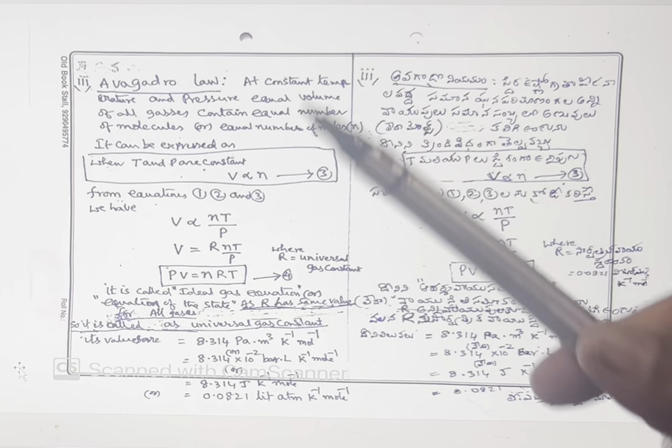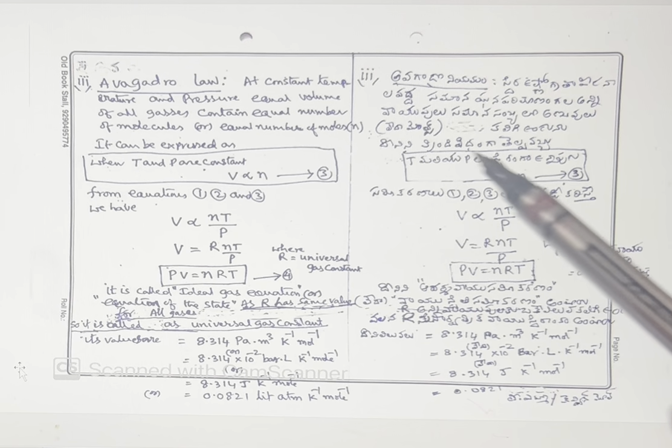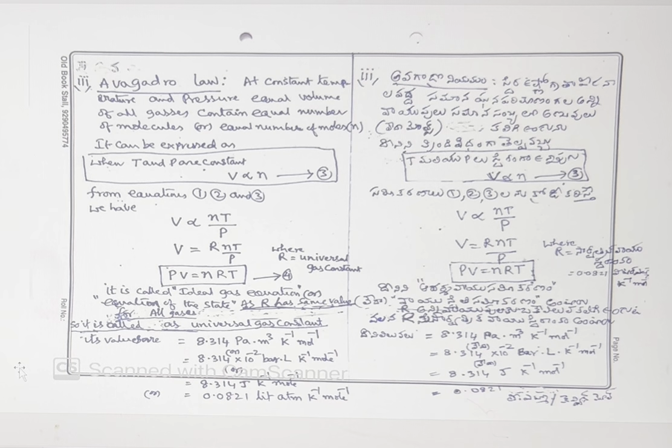The third one is Avogadro's law. At constant temperature and pressure, equal volumes of all gases contain an equal number of molecules or moles.